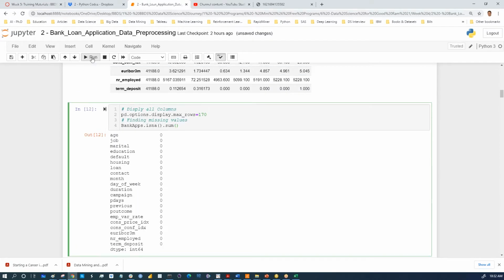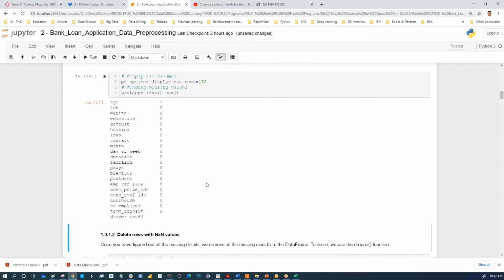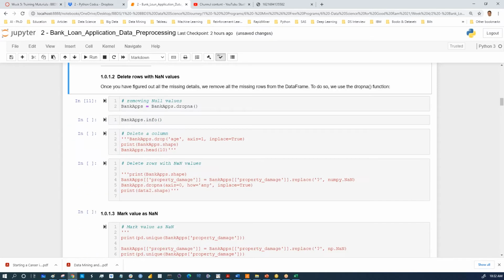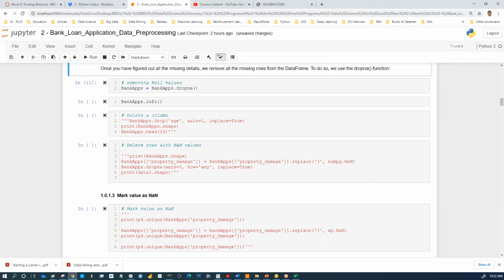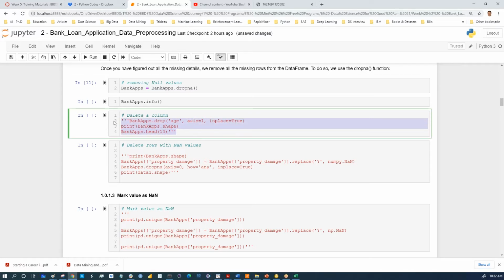Take a look into missing values. We got one. I'm not going to drop it. You could delete a column, simply uncomment. There we go, so I'll just remove the triple.